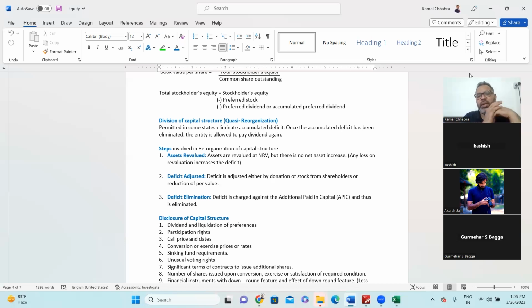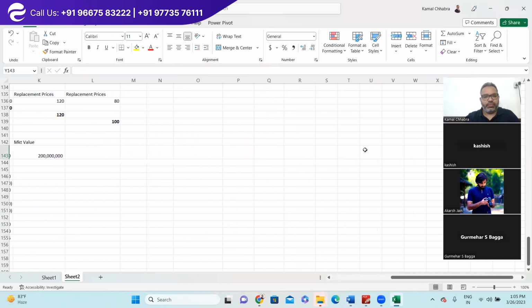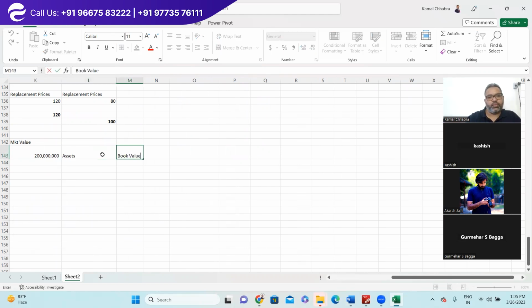So what we actually need to do when we do the reorganization of the capital structure: first we need to do the revaluation of the assets on the balance sheet date, and we need to make all those assets at the net realizable value. For example, let's do an example here. Let's say this is your assets, let's say book value, and this is your NRV.